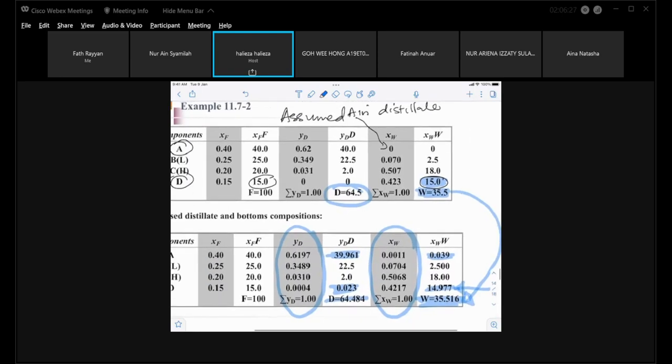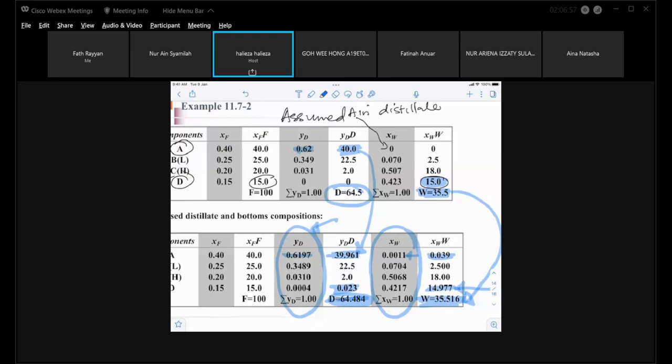And when you assume that all of A will be in the distillate, it turns out that not all of it will be in the distillate. Some of it is still going to the bottom product. So this is not exactly 40. This is 39.961. The rest, a very trace amount of it, will be in the bottom product. So when you sum up your flow rate for the distillate, you will get your mole composition. You can see there's a very slight difference.